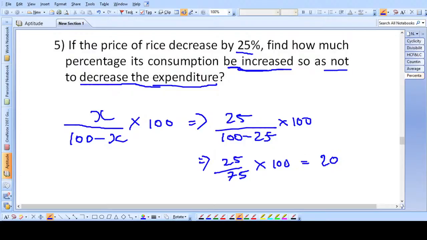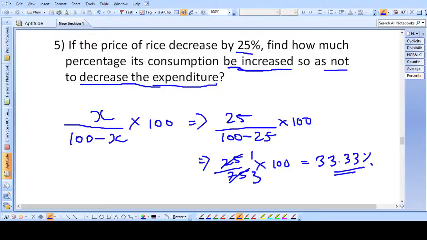Oh no, there is some issue in the calculation. Okay, this is 33.33. One second. This is basically 1 by 3 now. This is 33.33.